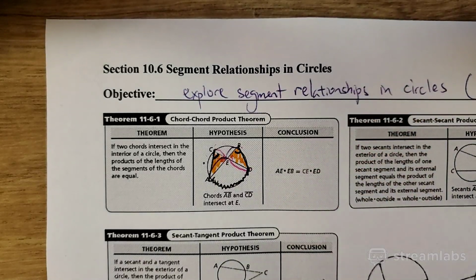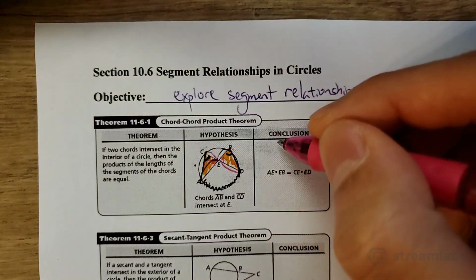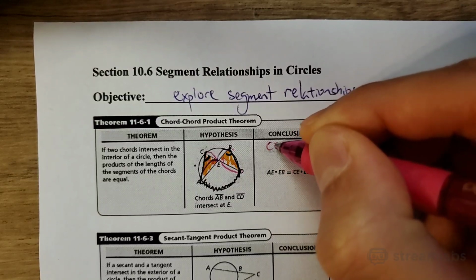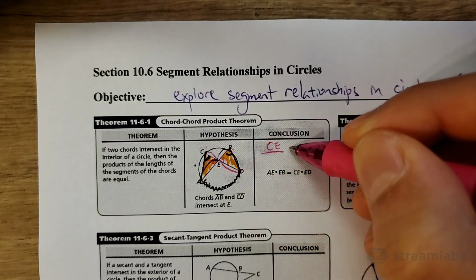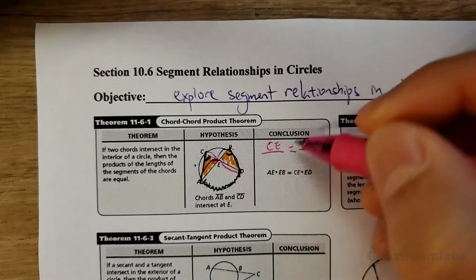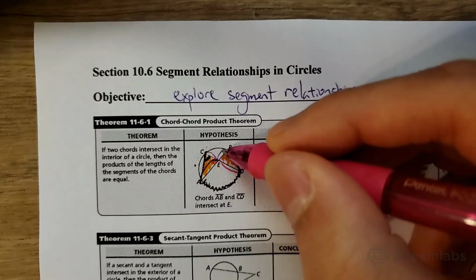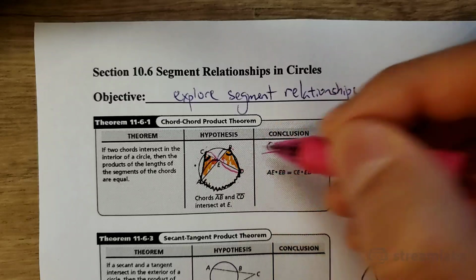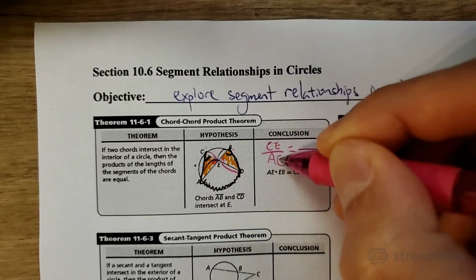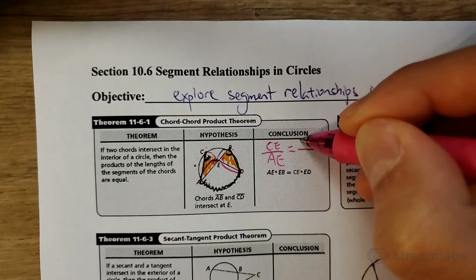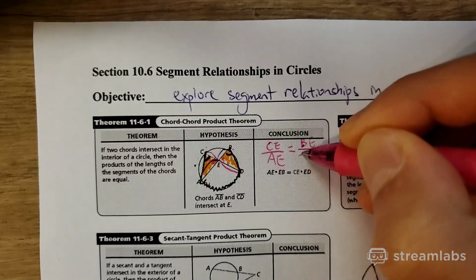Like this: CE over AE is equal to BE over ED, because these two are corresponding.